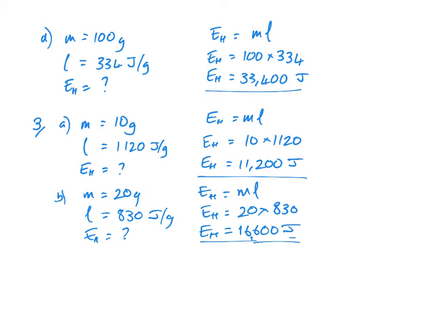And remember, you're always allowed to use a calculator in physics. You don't need to worry, right? All you've got to do is make sure you're showing your working properly. Then you can put the actual calculations into your calculator. And then last one for water. Eh equals question mark.